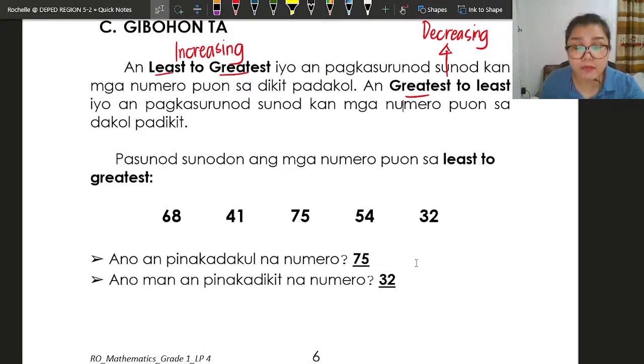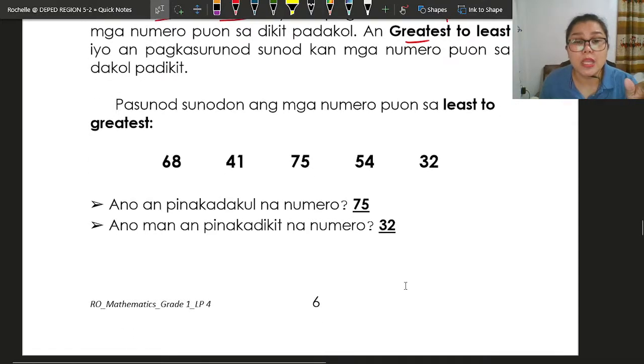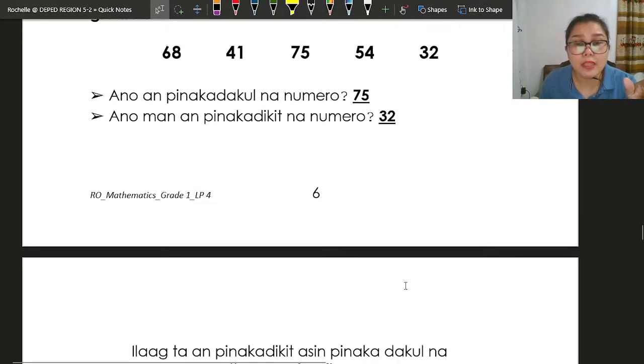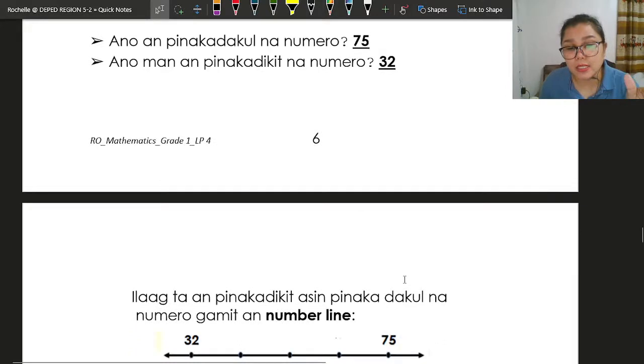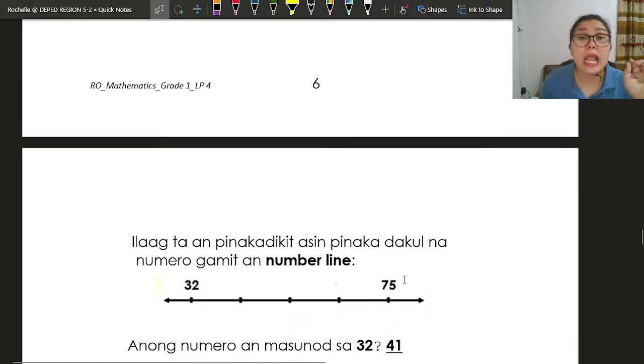It's 75. Alin yung pinakamataas? 75. While, ano man ang pinakadikit na numero, which is the least, pinakamababa, kumbaga, it's 32. If we can identify the greatest and the least, then it means, kayang-kaya mo na yan to put them in order.